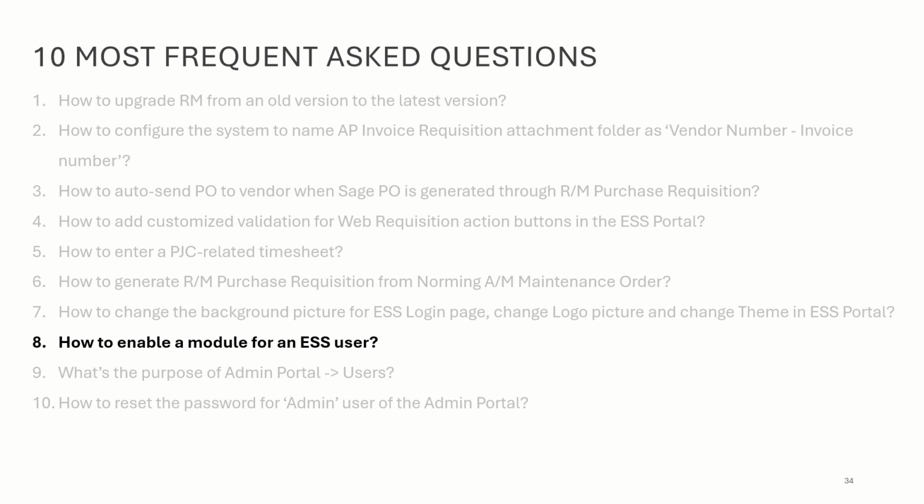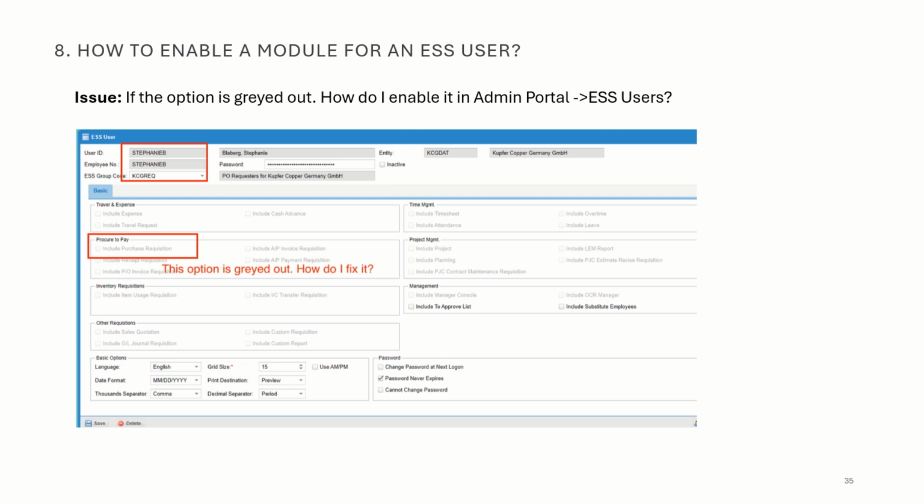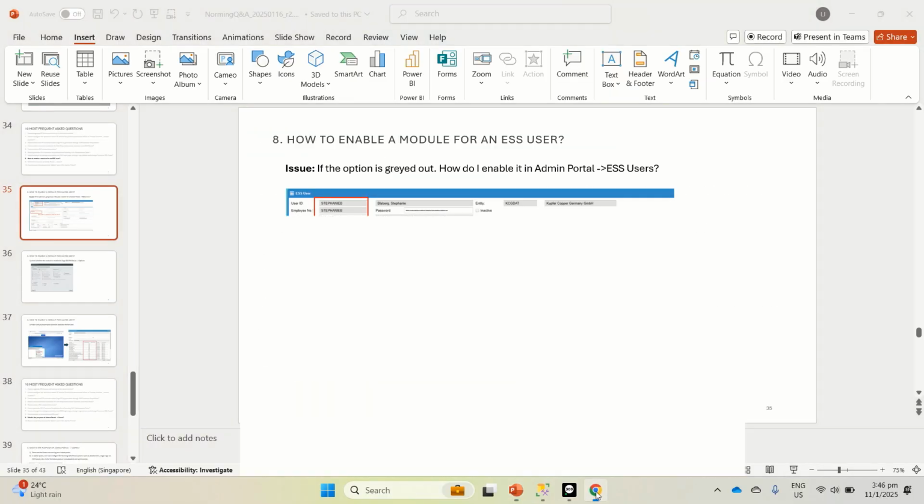Next question is how to enable a module for an ESS user. To enable a module for an ESS user is quite straightforward. Let's go to the website, admin portal.